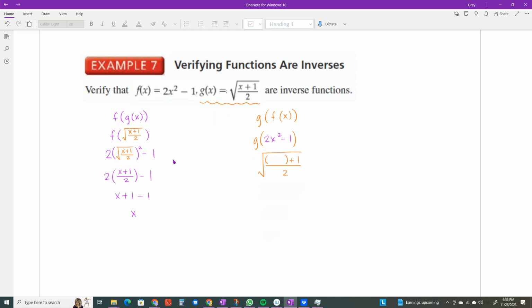And what goes in the parentheses is f, which was 2x squared minus 1. And how does that simplify? Well, the top simplifies first, so you should show me the square root of 2x squared over 2. Then my 2's cancel to the square root of x squared, and then I have x. So I have verified and proven and shown all the work to support it.